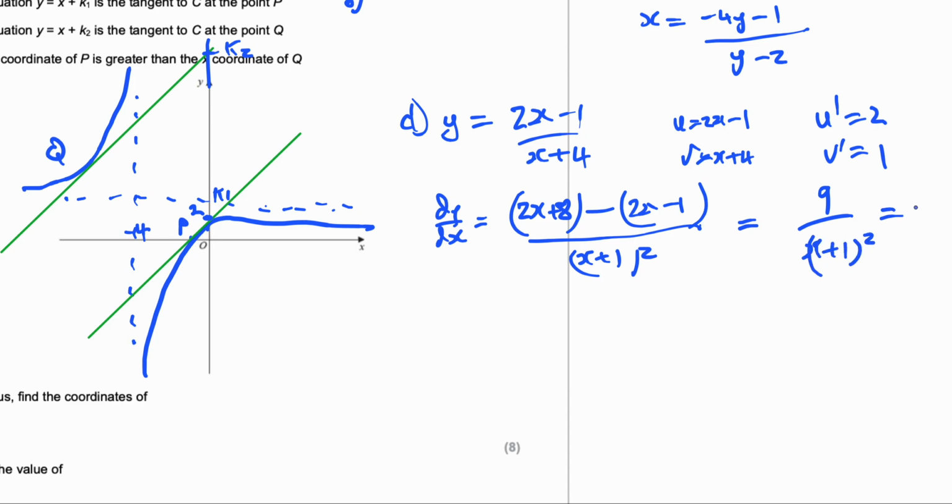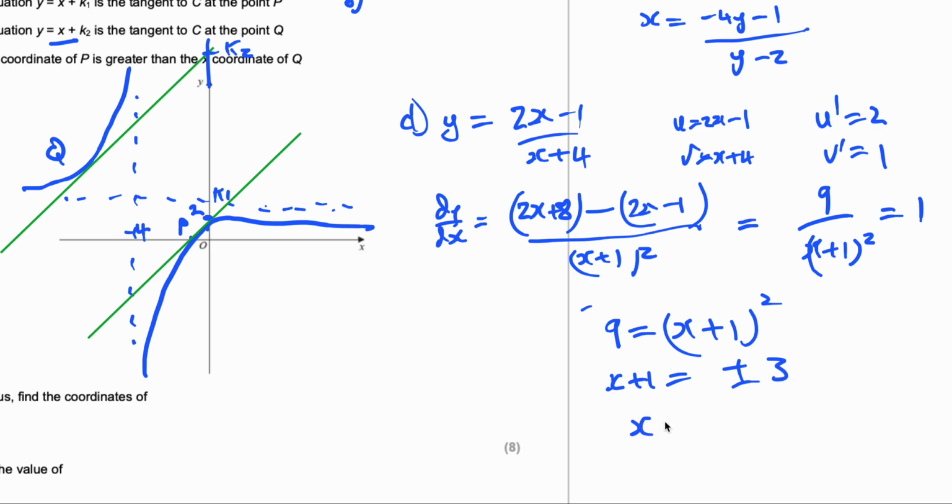But we're told that the gradient is 1, because y equals x. So therefore, we could say 9 is x plus 4 squared. Now we can just square root both sides. So we get x plus 4 is plus or minus 3.